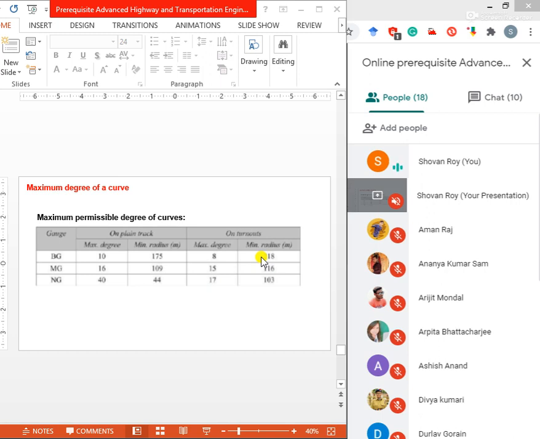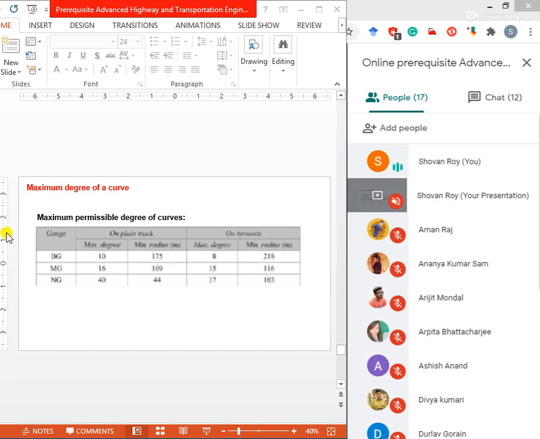For broad gauge on plain track, the maximum degree is 10 and the minimum radius is 175 meters; on turnouts the maximum degree is 8 and the minimum radius is 218 meters. For meter gauge on plain track the maximum degree is 16 and the minimum radius is 109 meters; on turnouts the maximum degree is 15 and the minimum radius is 116. For narrow gauge the maximum degree is 40 and the minimum radius is 44, on turnouts the maximum degree is 17.